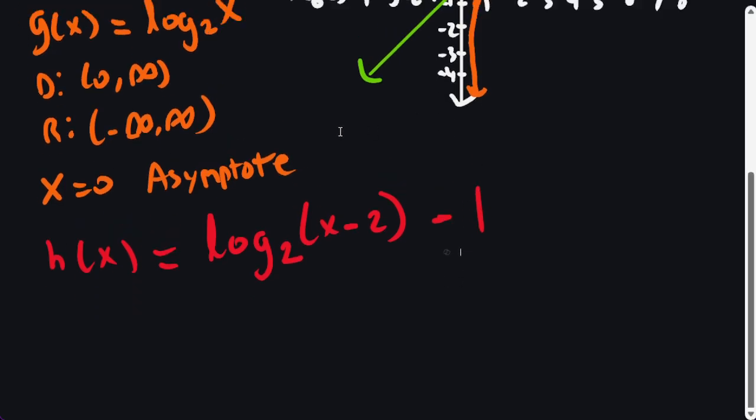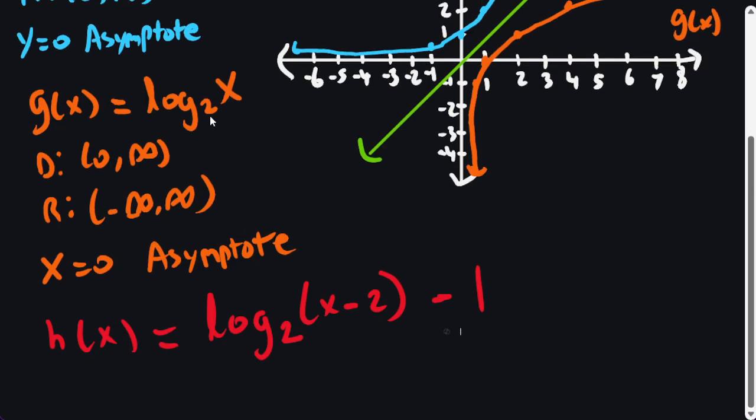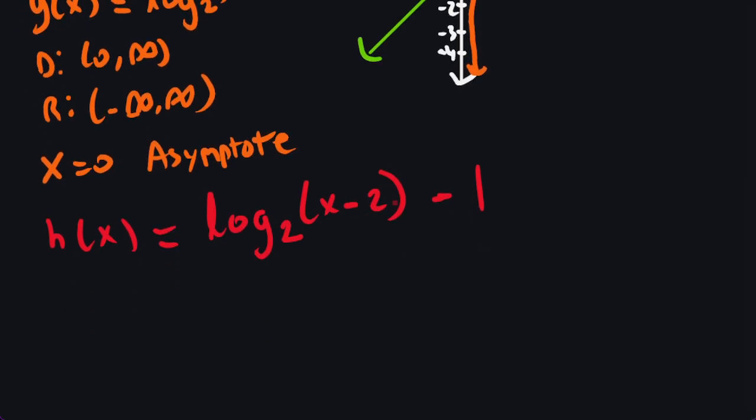So this is essentially g of x shifted to the right by 2, and it's shifted down by 1. All the same rules for transforming functions that we've covered in previous videos apply here. So we're shifting it to the right by 2, and we're shifting it down by 1.